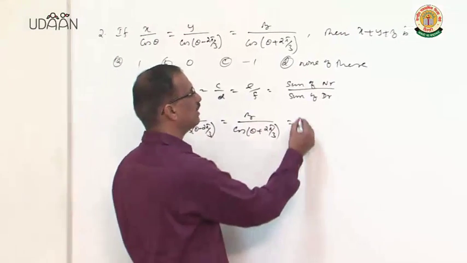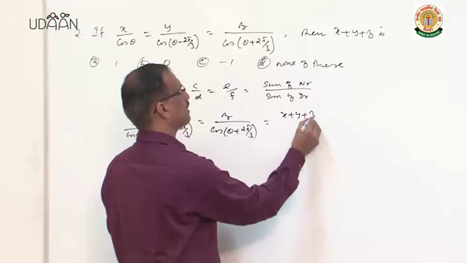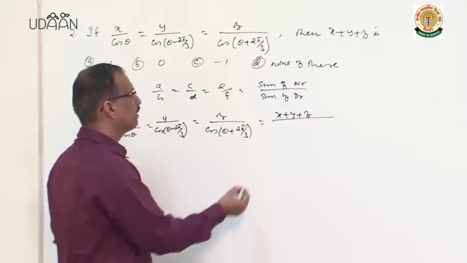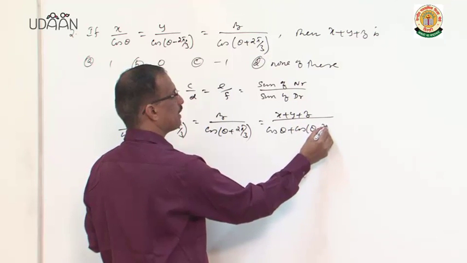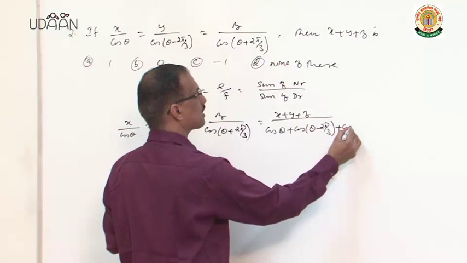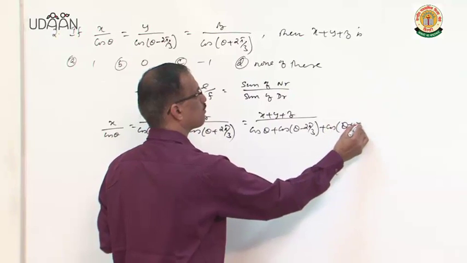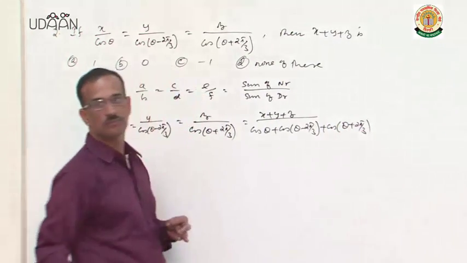So, we have here x plus y plus z upon cos theta plus cos of theta minus 2 pi by 3 plus cos of theta plus 2 pi by 3.